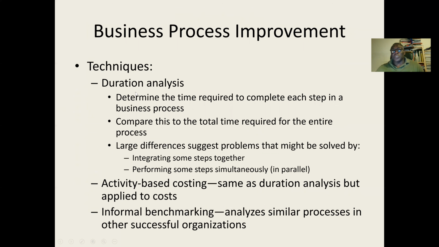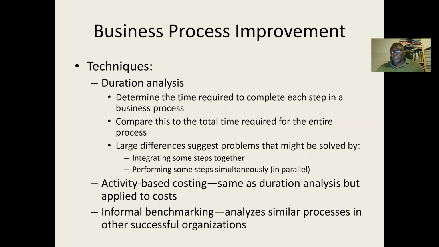Then for business process improvement, we use the technique called duration analysis, which deals with the period of time. So determine the time required to complete each step in the business process. Then we compare this to the total time required for the entire process. Now, large differences suggest problems that might be solved by integrating some steps together or performing some steps simultaneously in parallel.